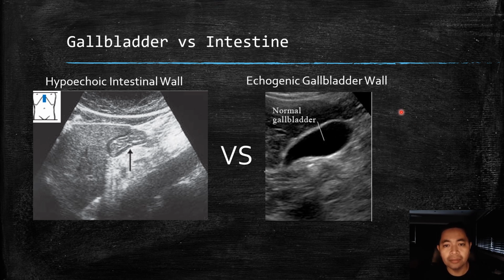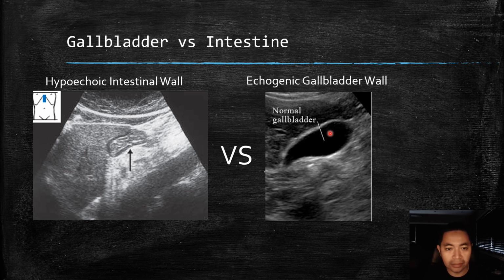The primary method to tell the two apart is to examine the appearance of their respective walls. Intestinal walls appear hypoechoic and contain an echogenic lumen, in contrast to the gallbladder, which has echogenic walls and an anechoic lumen.